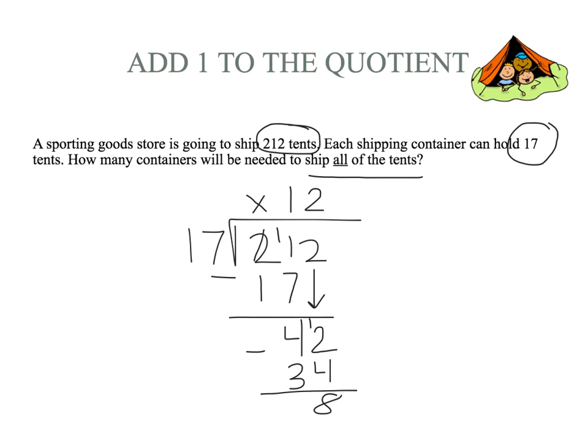And I have remainder 8. So now, looking back at my question, what it was asking me, how many containers will be needed to ship all of the tents? I cannot forget my remainder. I have 12 full containers, but including my remainder 8, my answer would be 13 containers.